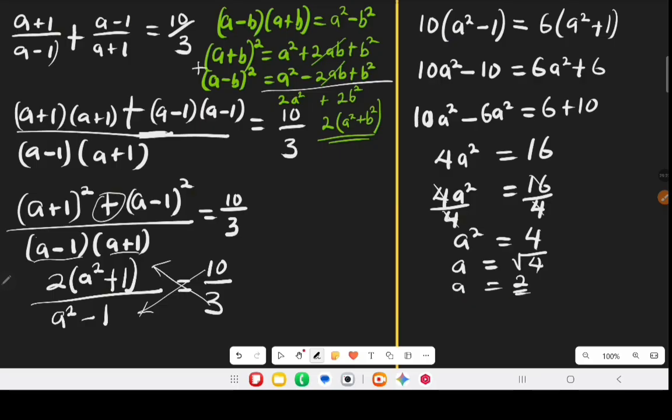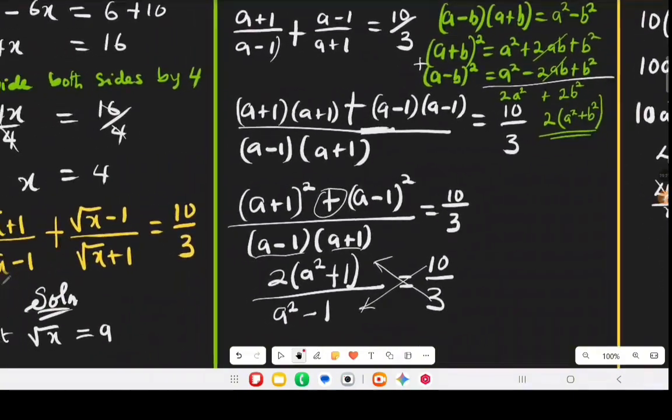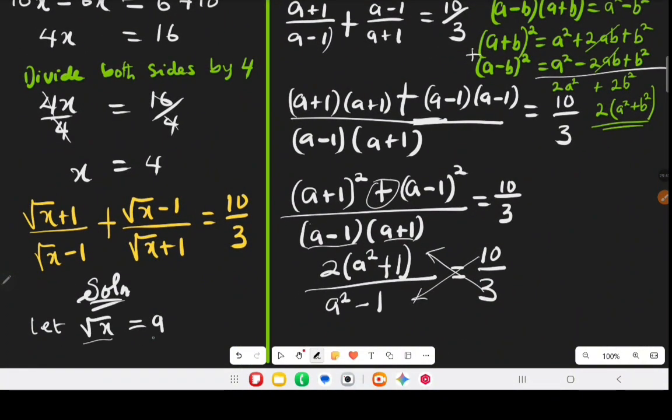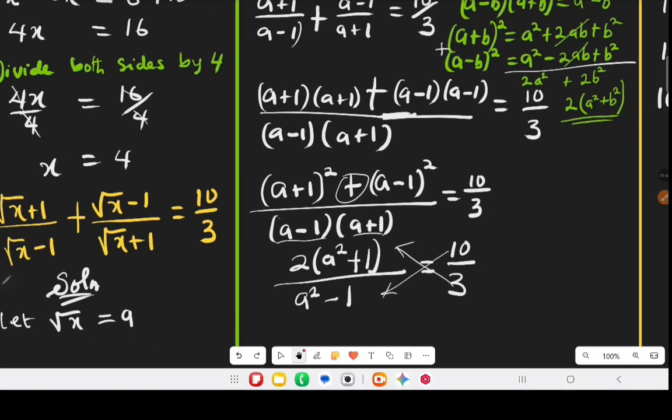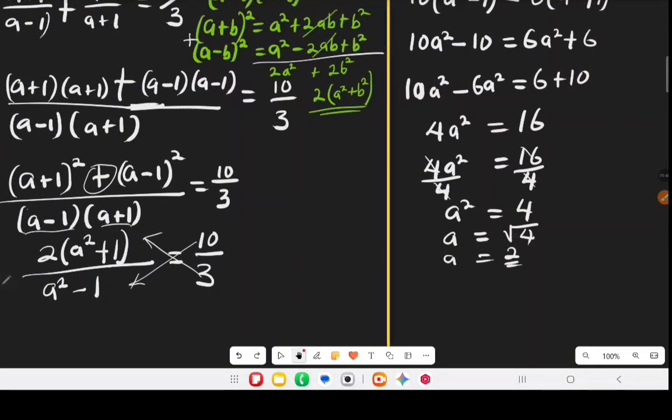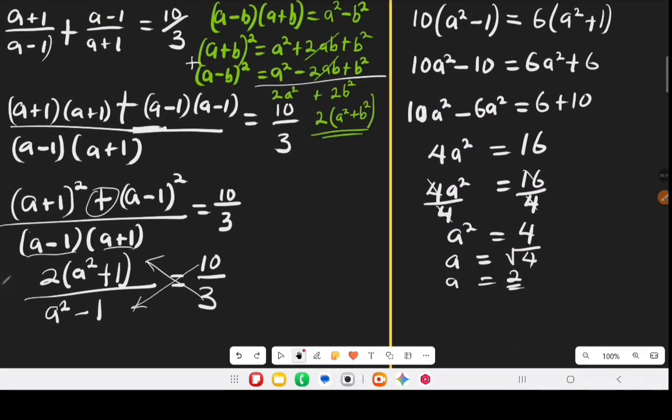We recall from the beginning of this question where we have let root x equal to a. If that be, we recall root x is equal to a. If that be, we are having root x equal to 2, where a is equal to 2.